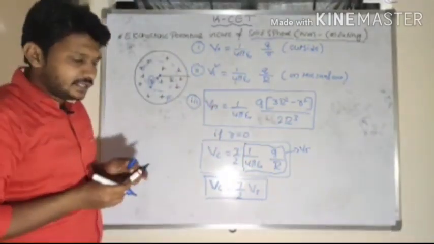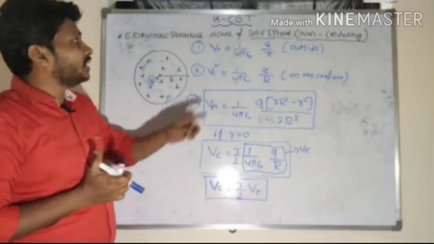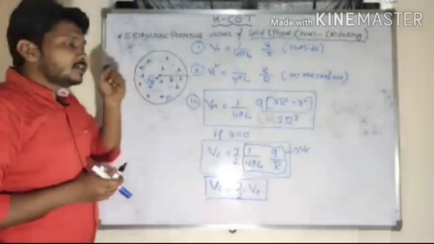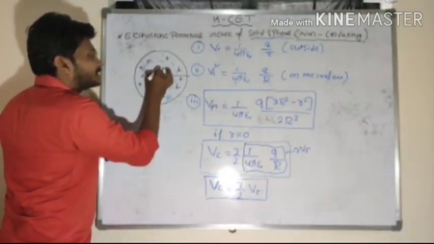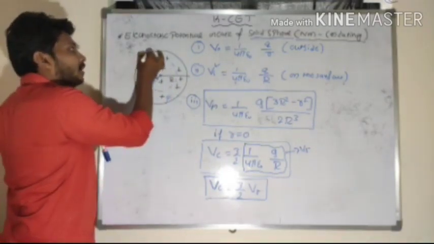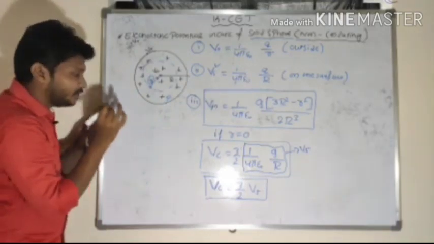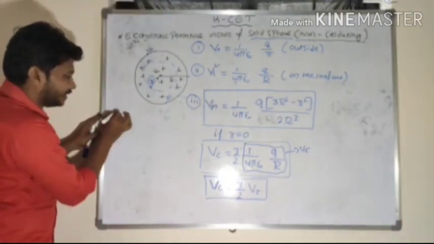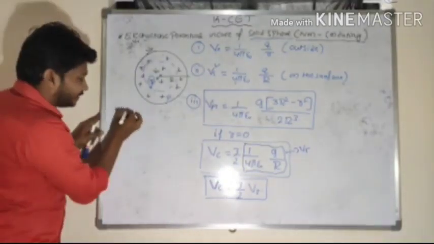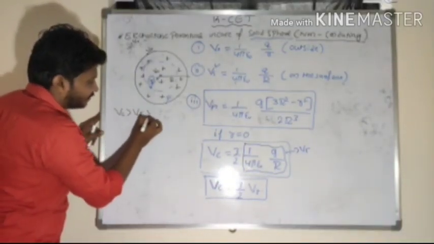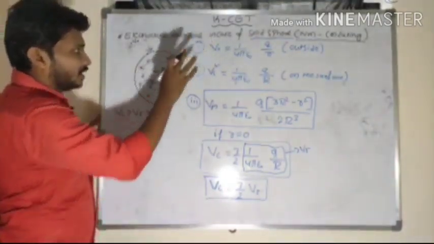It means that, where will you get the maximum potential value in case of a non-conducting solid sphere? In case of a non-conducting solid sphere, the potential is maximum at the center, then at the surface, then outside. Hope you are understanding here.